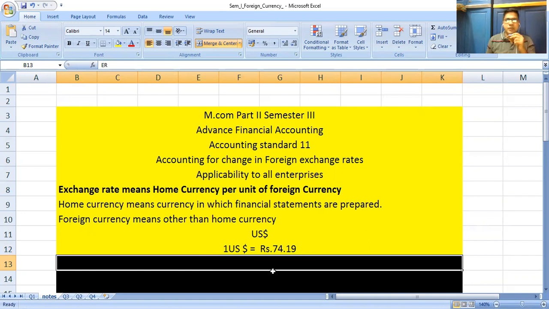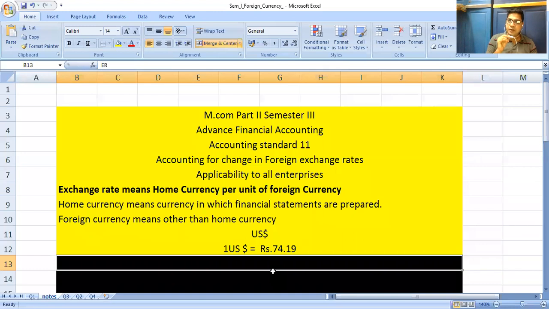And generally in the whole world, we accept the US dollar as the standard currency. Every country compares its currency with the US dollar.